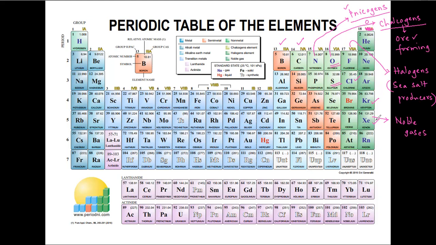But now they are called noble gases because in 1962, scientists came to know that krypton and xenon react with elements like fluorine and oxygen and form compounds. So when they came to know this, these were given the name noble gases. Noble means something special, because they react only with specific elements, not with all. Okay, so look at the names: pnicogens, chalcogens, halogens, and of course the noble gases.